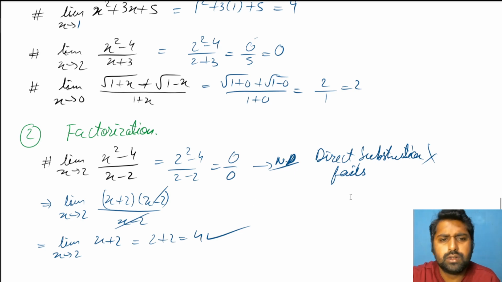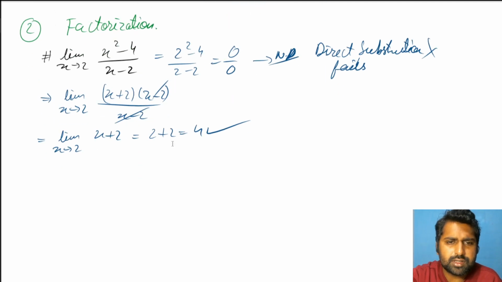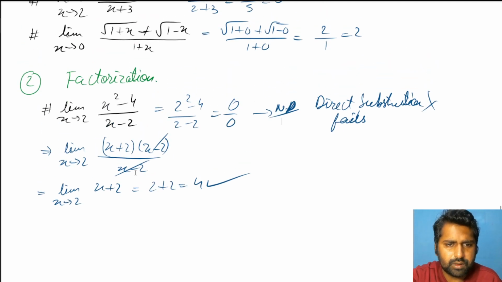Your direct substitution can work only in the case you get a defined value. If you are getting not defined, that means you cannot directly apply direct substitution. First, you have to do some work on it. Right now, you have learned factorization. So, yes, factorization, and then after solving some part. Usually, if you are getting 0 by 0, there must be some factor which is actually becoming 0.